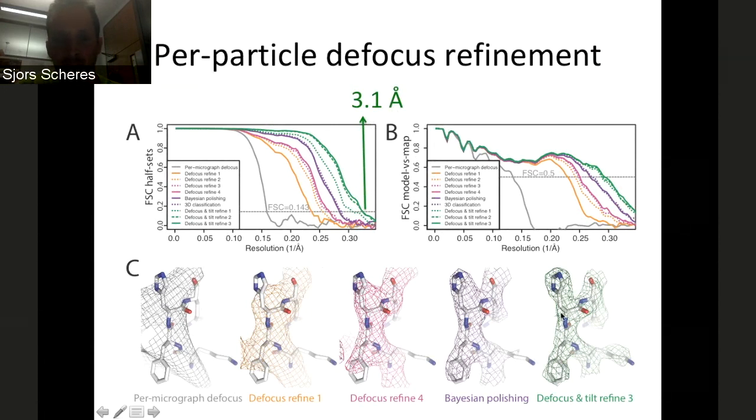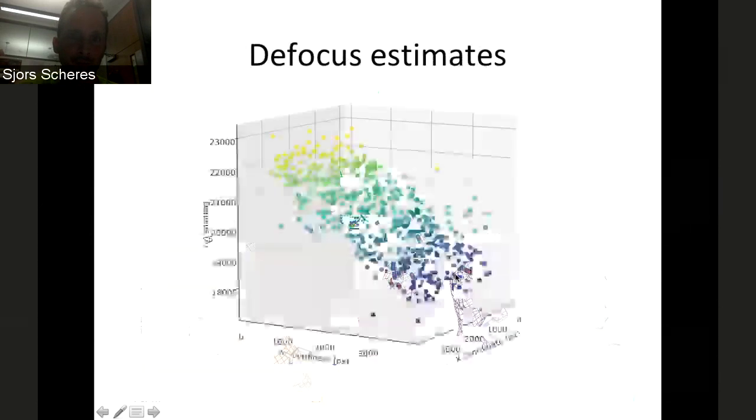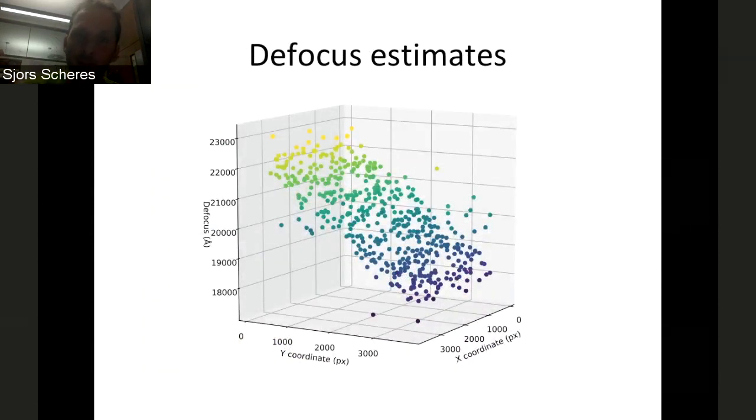And the kind of features that we see in the map as we go along this process reflect the kind of improvements. And so does a FSC calculation against atomic model. If you then look at the refined defoci for particles within 1 micrograph, you can see beautifully this tilted aspect of the micrograph back in the defocus values, and there are probably a few outliers where refinement has gone off.